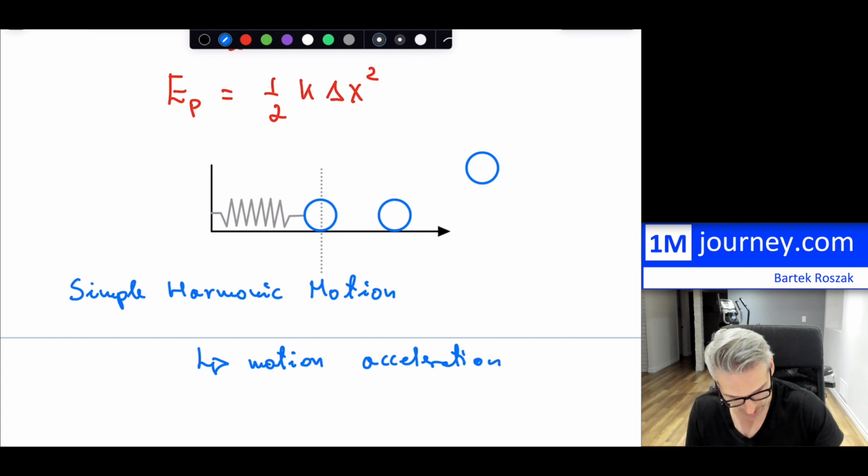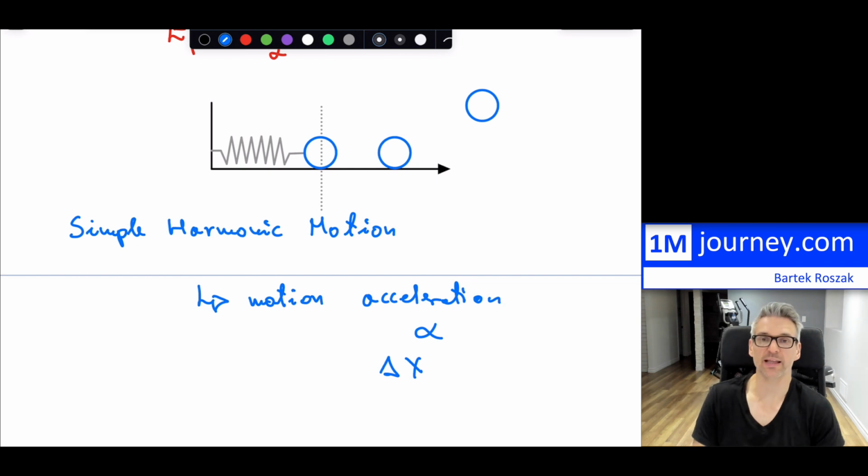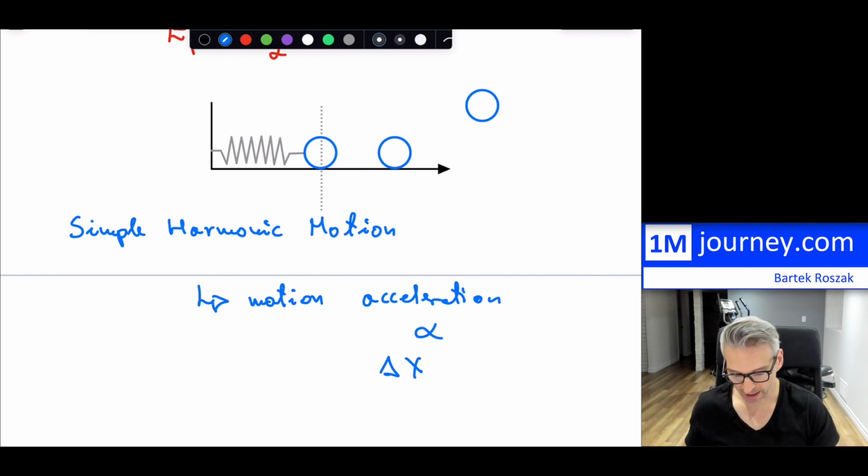We write proportional, and there's a symbol for it. So the acceleration is proportional to the displacement. The bigger the displacement, the greater the acceleration that it will cause, so it will speed up the object faster. That is simple harmonic motion, and if you see that anywhere, then this is exactly what happens.